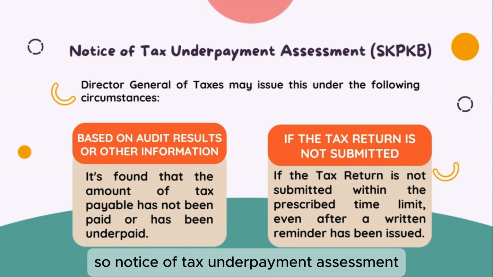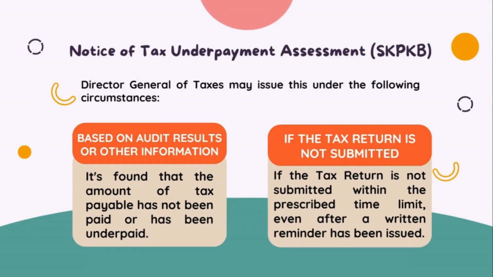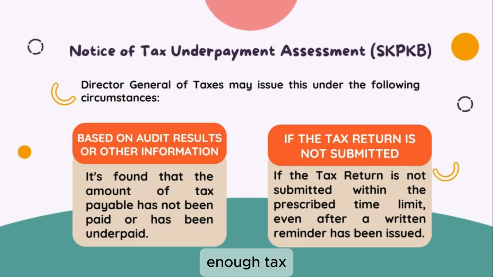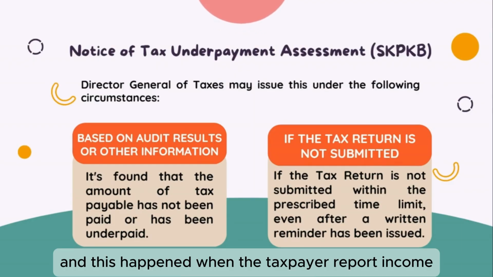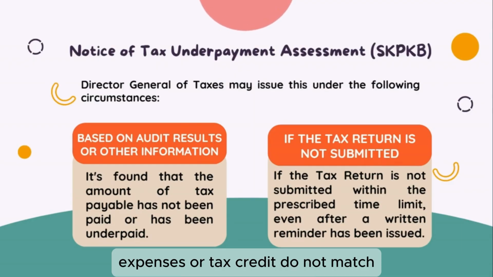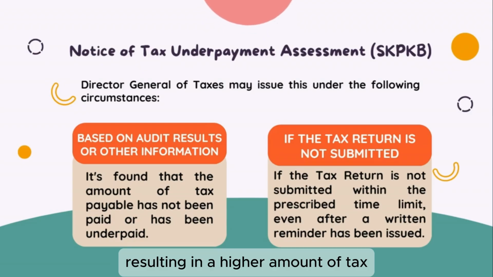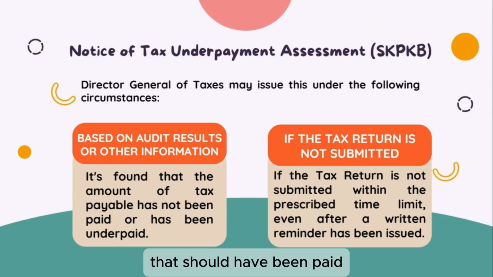So, Notice of Tax Underpayment Assessment. This is issued under what condition? First, when the audit shows that the taxpayer has not paid enough tax, and this happens when the taxpayer's reported income, expenses, or tax credit do not match the evidence found during the audit, resulting in a higher amount of tax that should have been paid.